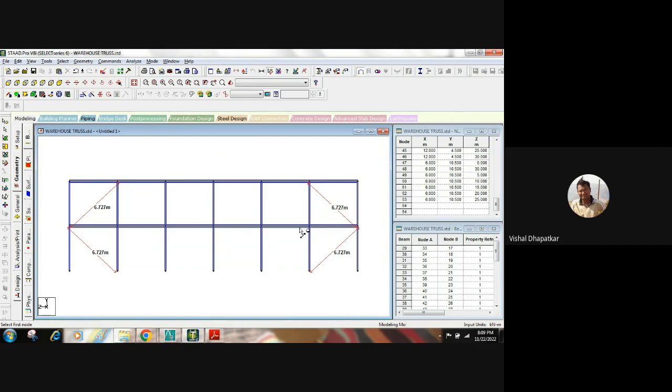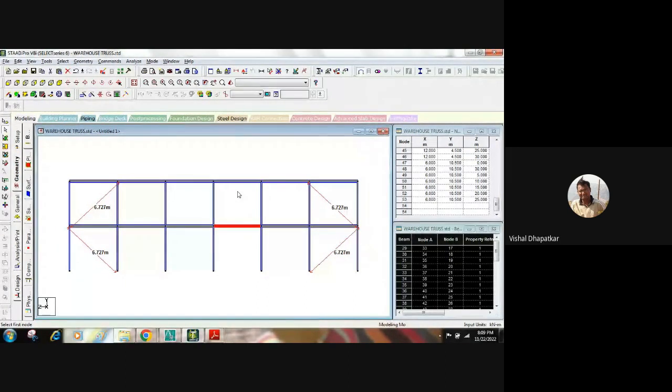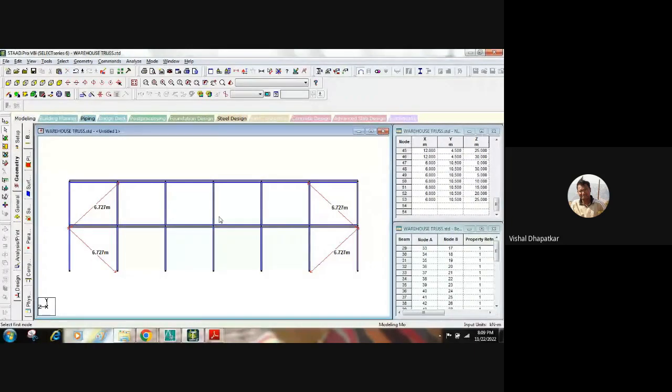Because of temperature, there will be an expansion or contraction of the structure, right? So when we add a bracing here at the end bay, it means that we are locking the structure from expanding and contracting, right? Once bracing is added at the end, the structure will not be allowed to expand or contract.